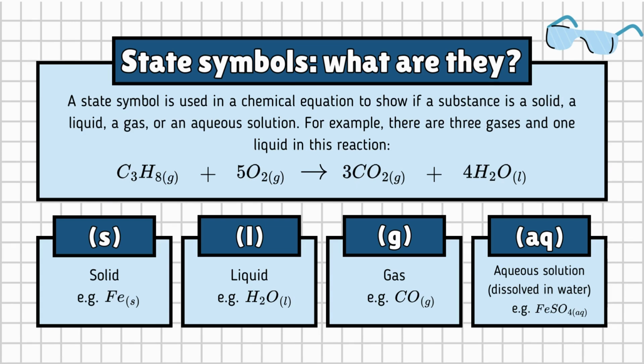L stands for liquid, S stands for solid, G stands for gas, and AQ stands for aqueous solution. Solid, of course, you know what solid means. Liquid, of course, you know what liquid means. Gas means a gaseous state, and aqueous solution means it is dissolved in water. I hope you're following with this lesson.